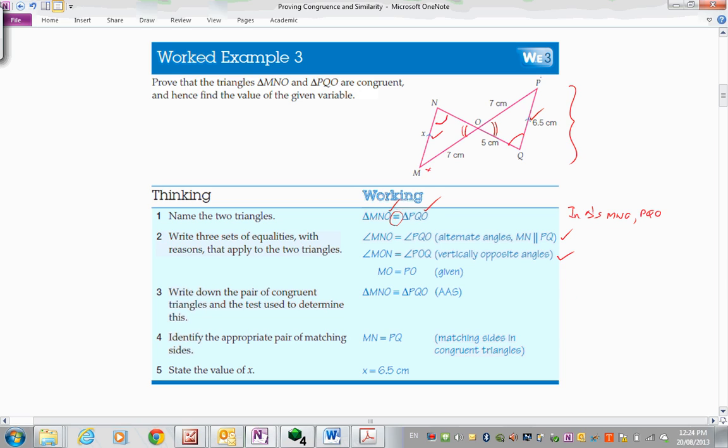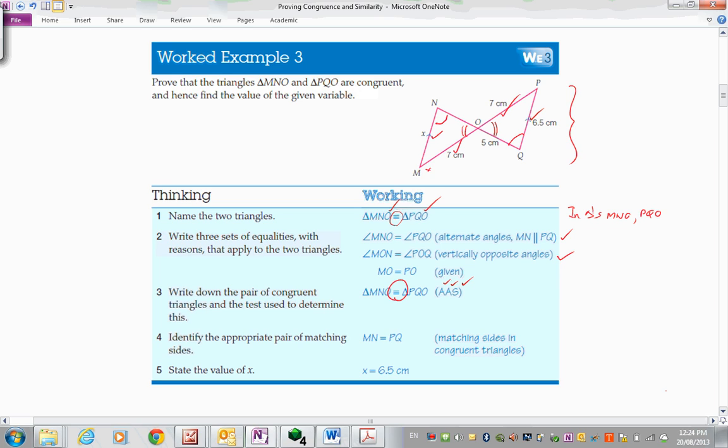And we're also given, we've got two sides, MO equals PO. So what have we got? We've got two angles and a corresponding side. So now we can say that they are equivalent or congruent.